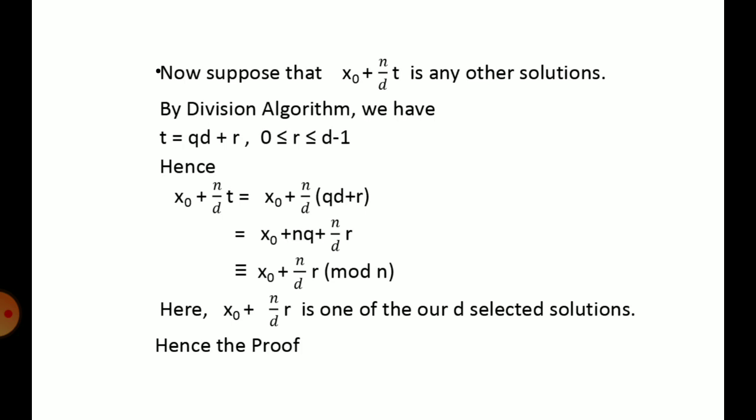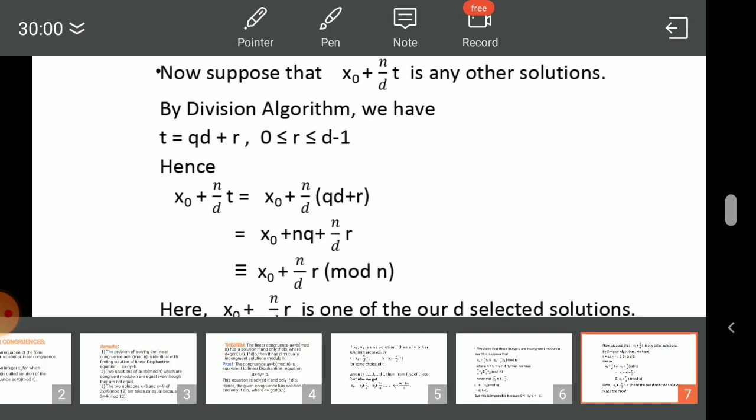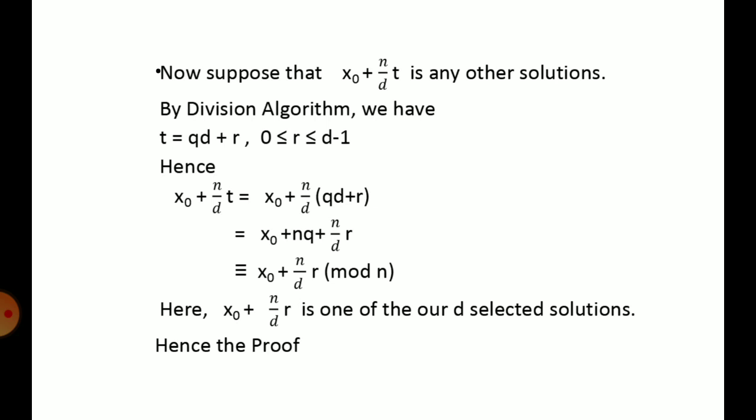Then x0 plus n/d times t is congruent to x0 plus n/d, putting the value of t as qd plus r, and therefore this value becomes x0 plus n/d times (qd plus r). Then multiplying by n/d, we get x0 plus nq plus n/d times r.